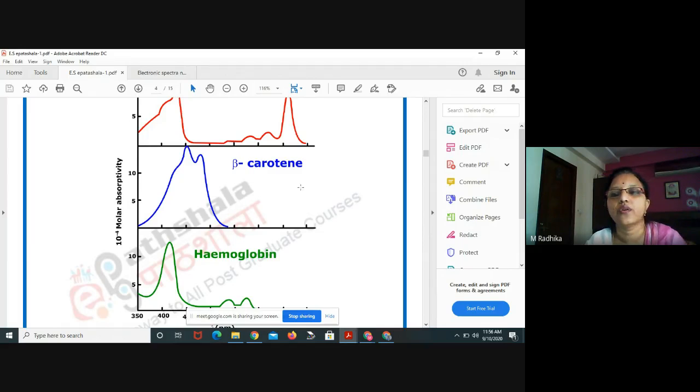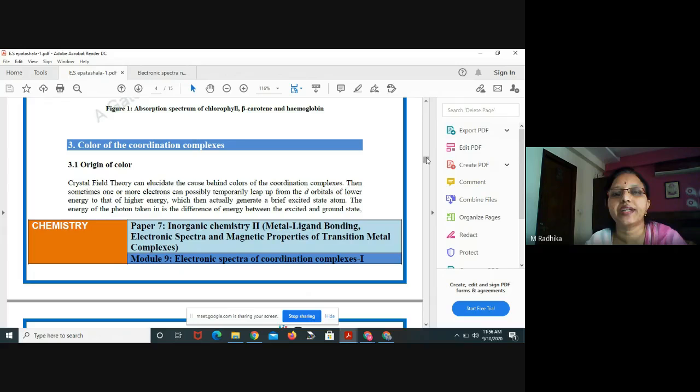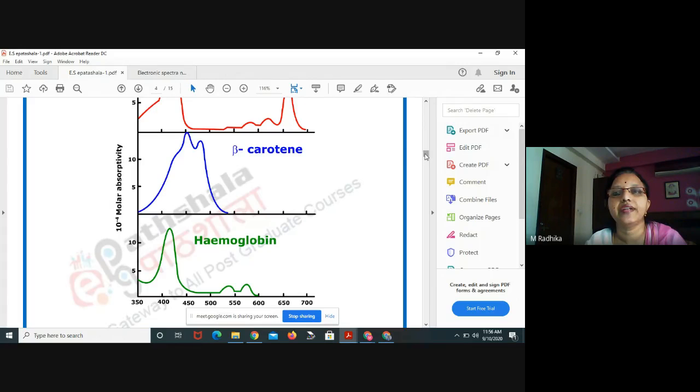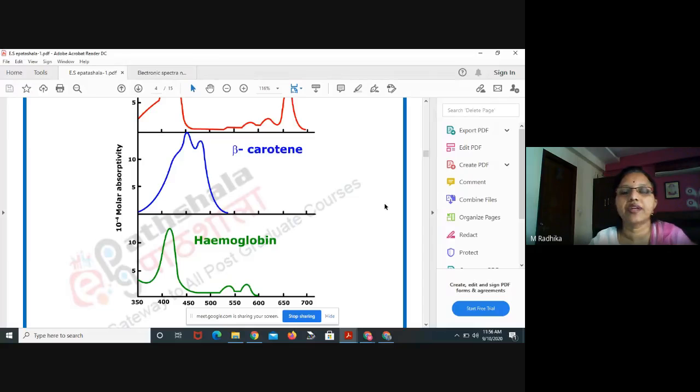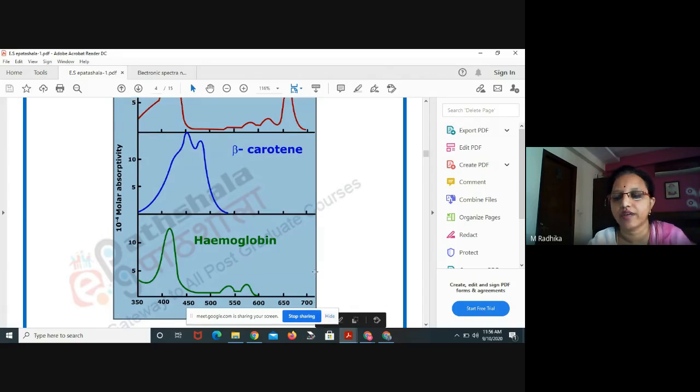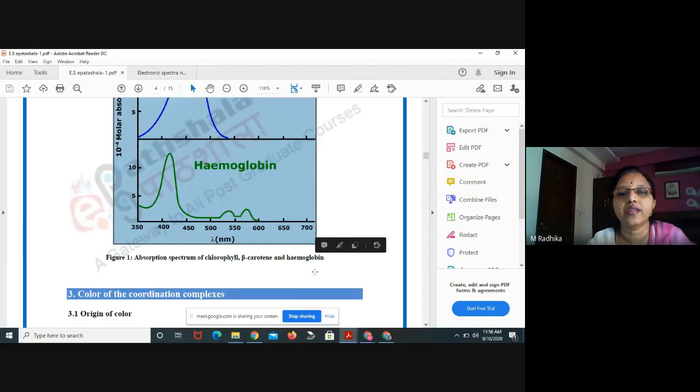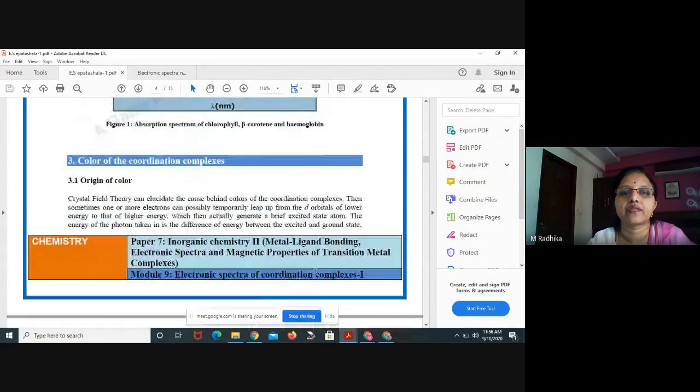So each complex or each moiety will absorb at different wavelengths. On the electronic spectroscopy graph you put the molar absorptivity, or sometimes the absorption, versus the wavelength.